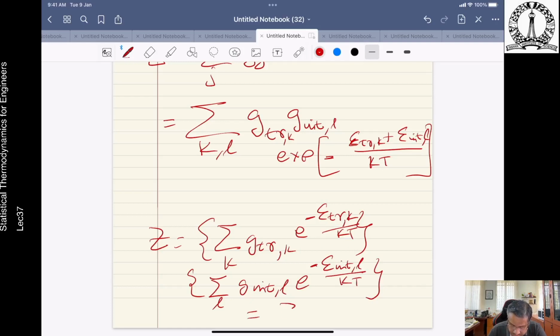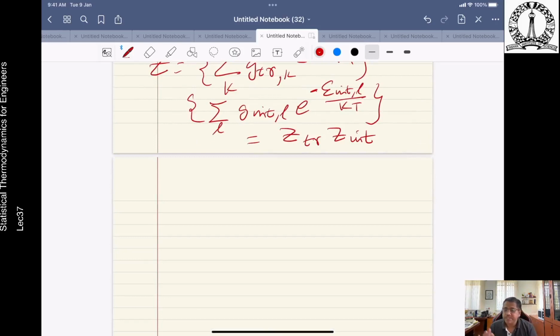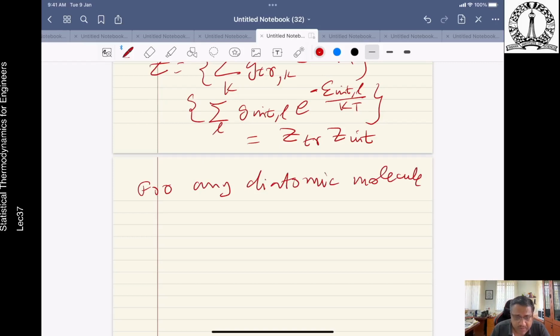So this is equal to Z translation into Z internal. The partition function can be separated into two. For all four independent energy modes of any diatomic molecule, we can therefore write Z as Z translation, Z rotation, Z vibration, Z electronic.